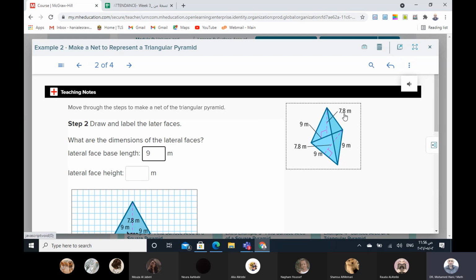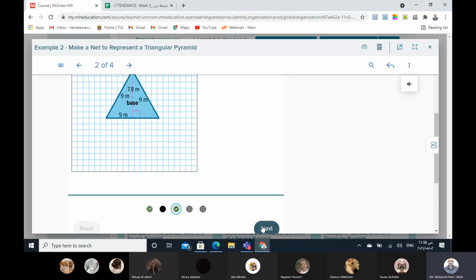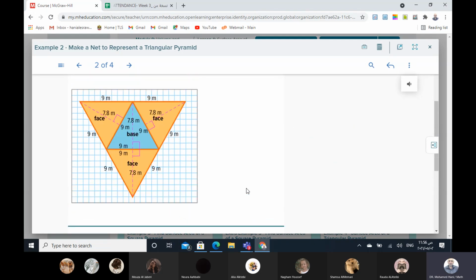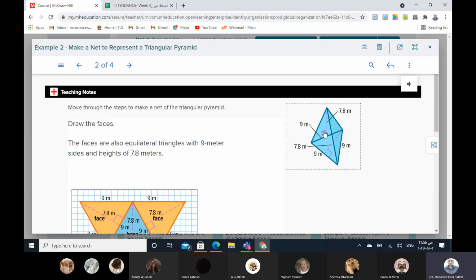It will be 7.8. So this is the lateral face, and here a congruent lateral face, and here a congruent lateral face. So this is the net of this triangular pyramid.